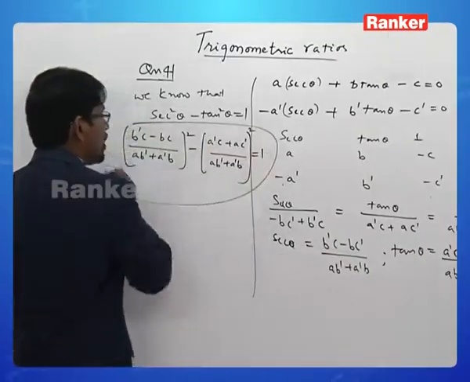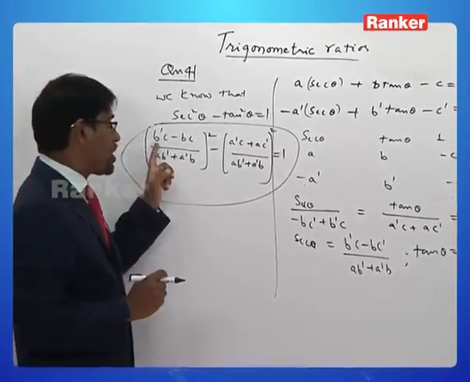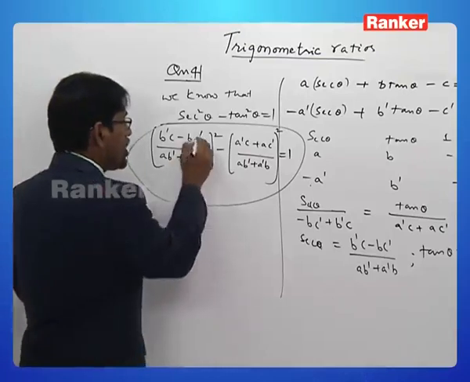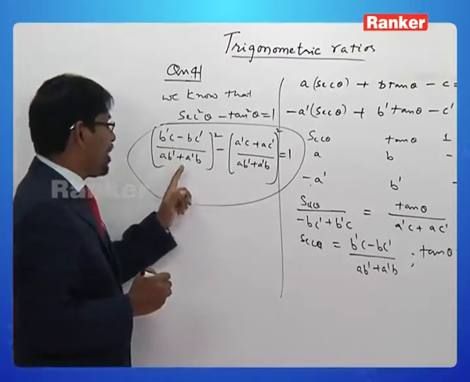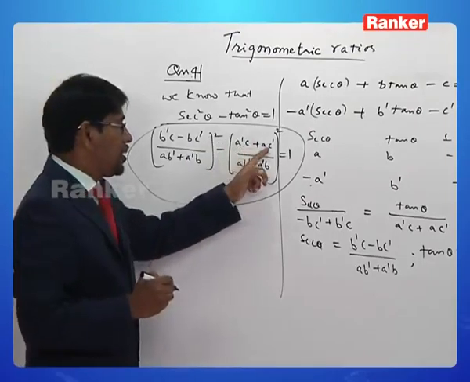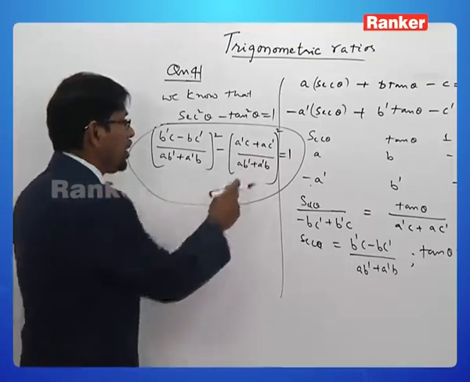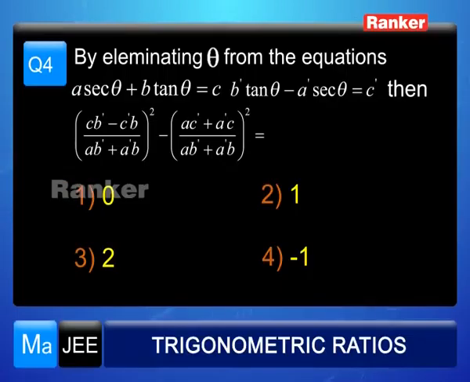So this is what was required. What we were asked was (cb dash minus bc dash) by (ab dash plus a dash b) whole square minus (ac dash plus a dash c) by (ab dash plus a dash b) the whole square, and that's clearly 1. Therefore option 2 is the right answer.